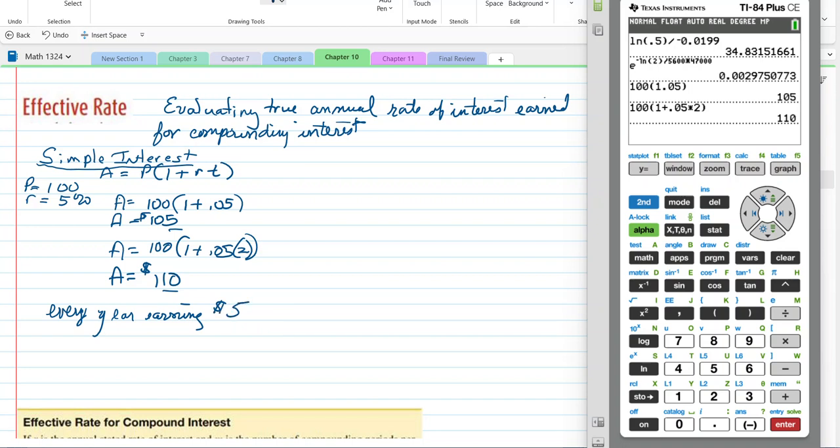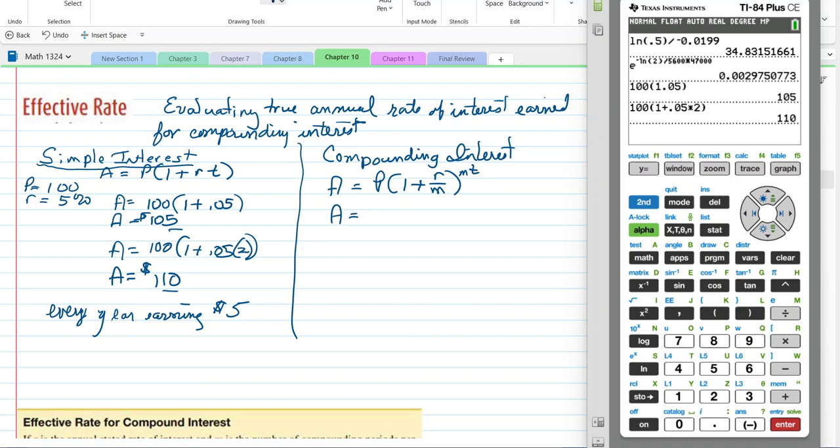All right. Well, now let's do compounding. On our first year, and we're doing annual, we know that it's P parenthesis 1 plus R over M raised to the MT. All right.